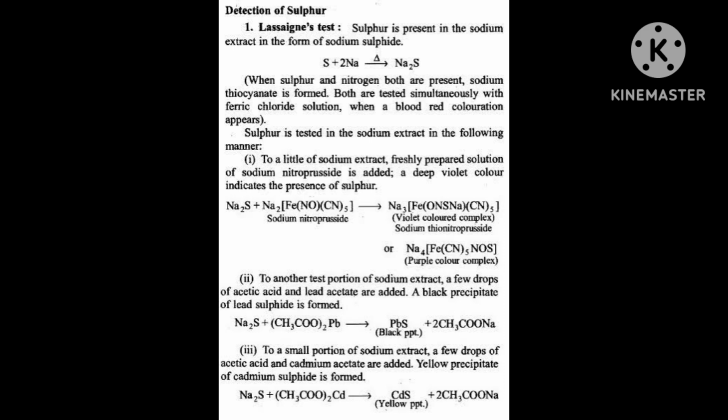Carbon and hydrogen are detected by heating the compound with copper oxide. Copper oxide means cupric oxide, CuO. Carbon present in the compound is oxidized to carbon dioxide and tested with lime water, which develops turbidity.